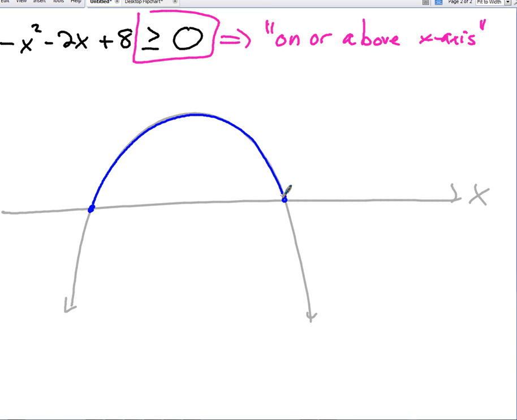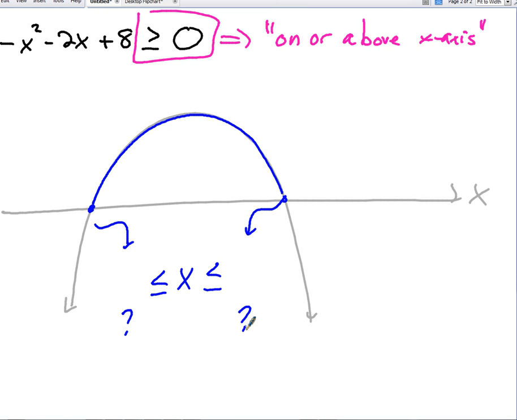So whereas last time our answer was an or statement, this is an and statement, isn't it? Yep. I know that my answer is going to be x is greater than or equal to whatever that number is, and x is less than or equal to whatever that number is. I just got to know what those numbers are.